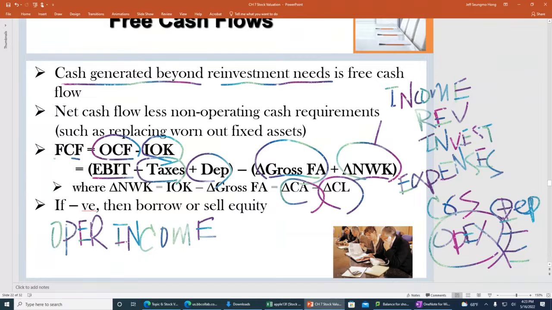But depreciation also appears in the balance sheet as well, right? If you remember, it also appears in the balance sheet. Depreciation represents the loss of value in the physical assets. But how is it an expense?